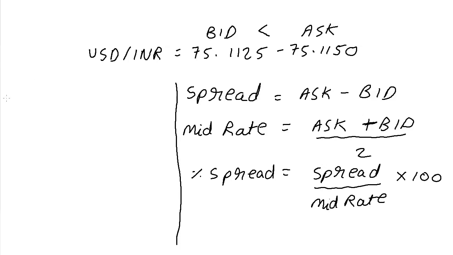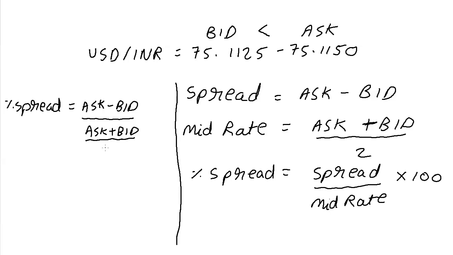So we can get percentage spread as ask minus bid divided by the mid rate, which is ask plus bid upon 2, whole thing into 100.